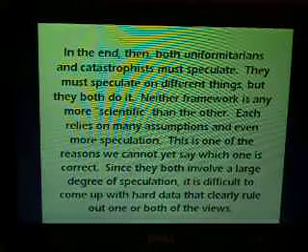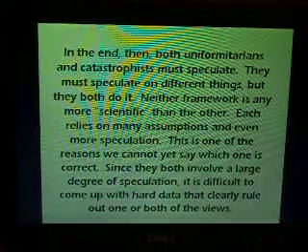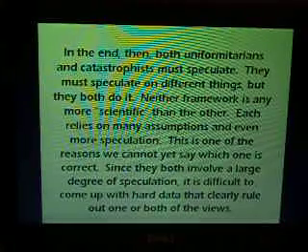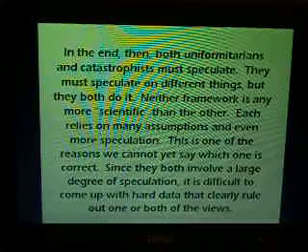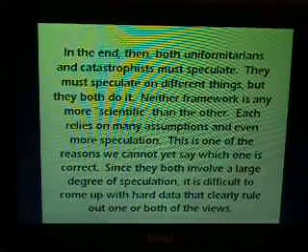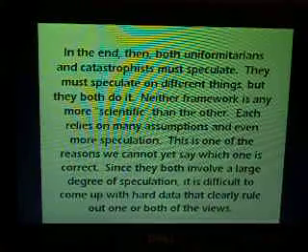They both are scientific. Each relies on many assumptions and even more speculation. This is one of the reasons we can't say which one is correct. Since they both involve a large degree of speculation, it's difficult to come up with hard data that clearly rules out one or both of these views.